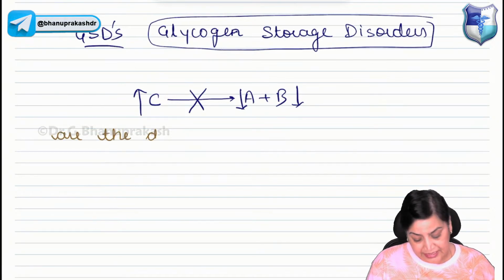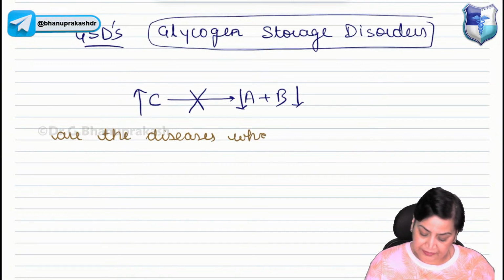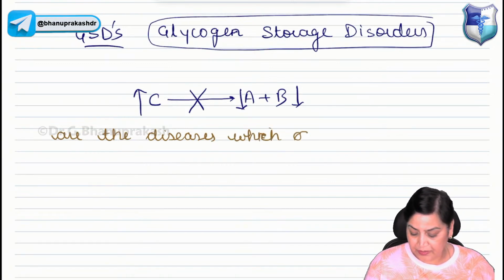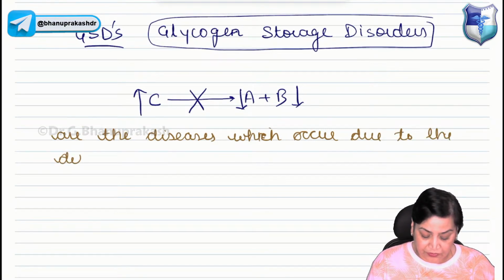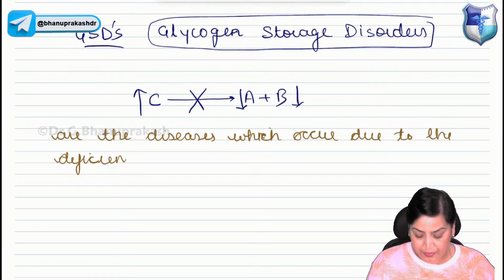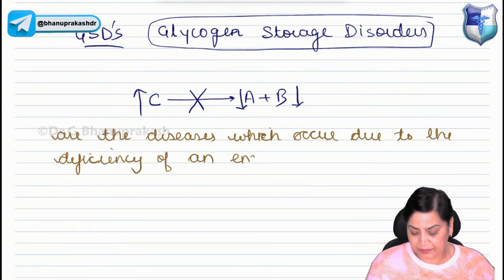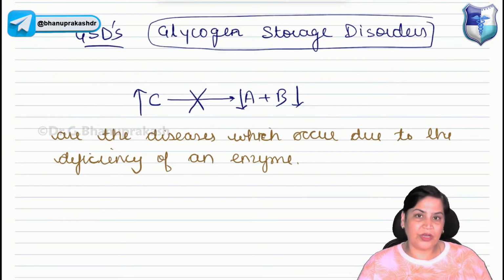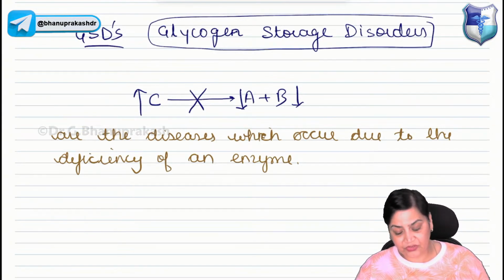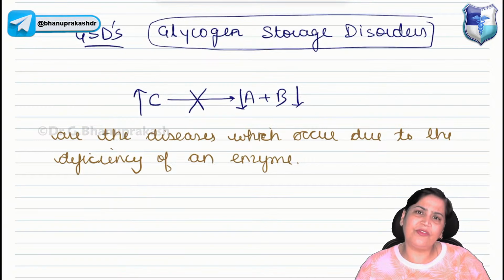So we can simply say glycogen storage disorders are the diseases which occur due to the deficiency of an enzyme.